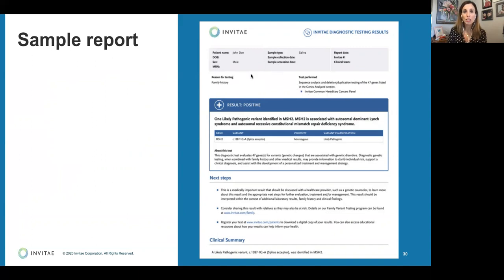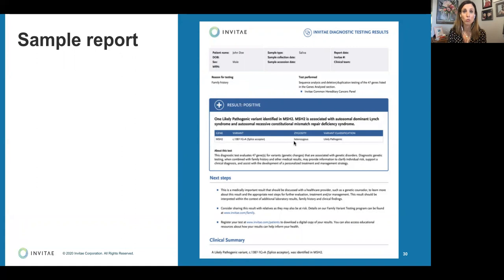And then usually somewhere in the middle of the front page, you're going to see a call out of what was identified. So usually here you would see something like positive, negative, or variant of uncertain significance or uncertain. It should list out which gene the variant was identified in, if it's positive or uncertain. It should list what the variant is.